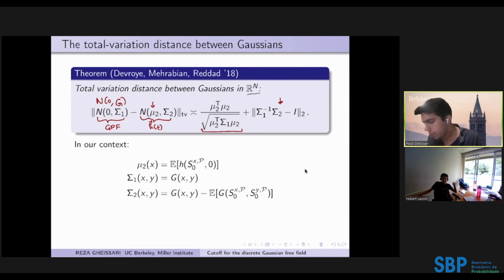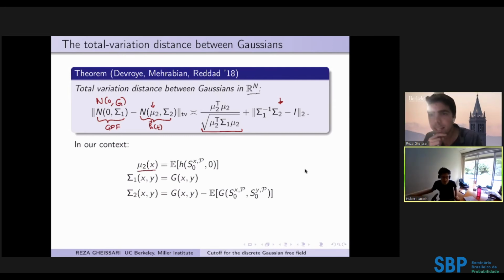I have a question. In this theorem, there is an asymptotic relation. In which sense is it asymptotic? Do you need some assumption over the size of your sets?